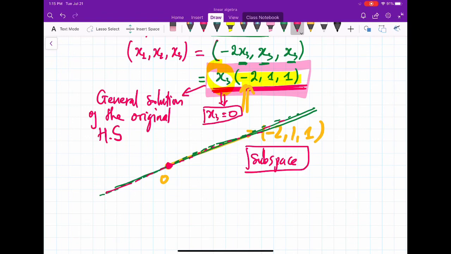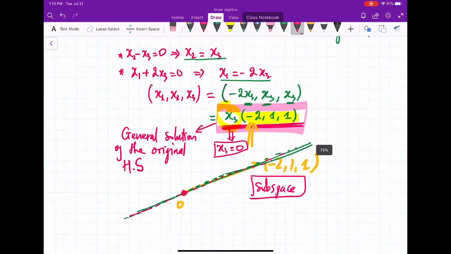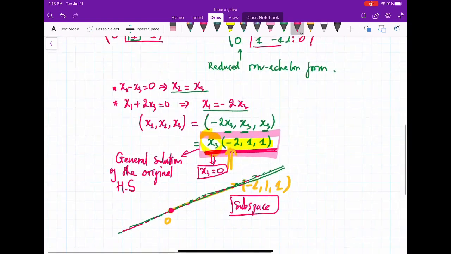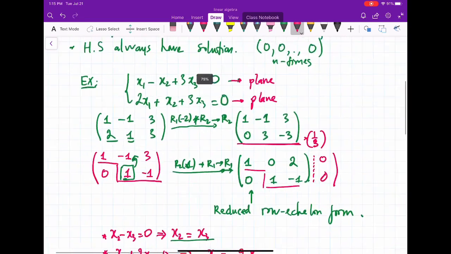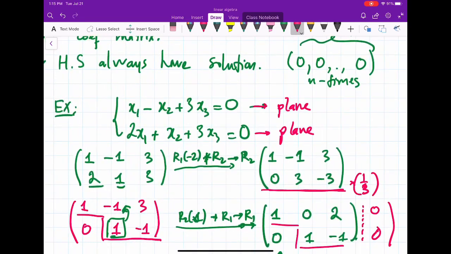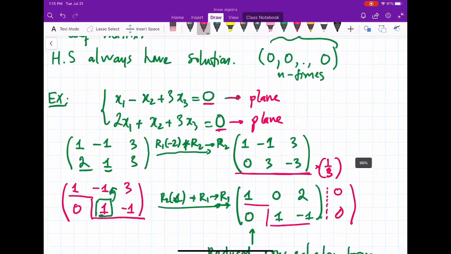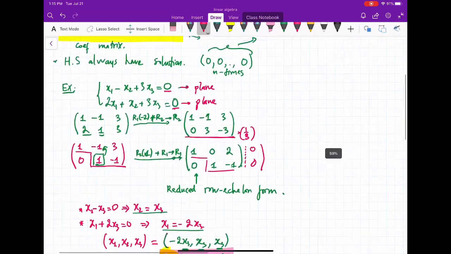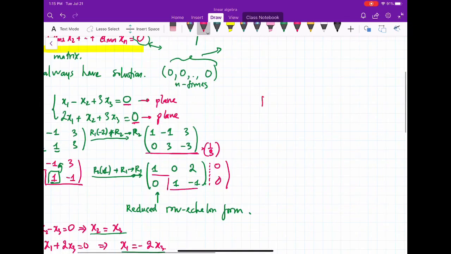Now, I would like to consider another example from this example. Now let me change this a little bit. I will change the 0 right here, okay? So suppose that you have the following system: x1 minus x2 plus 3x3 equal to 1, and 2x1 plus x2 plus 3x3 equal to 2.